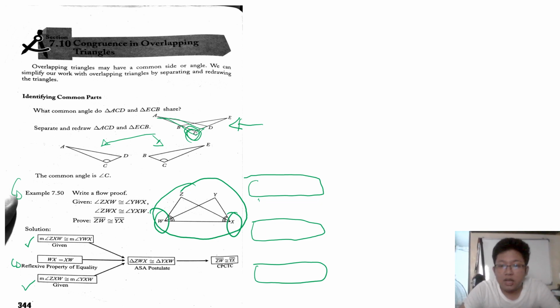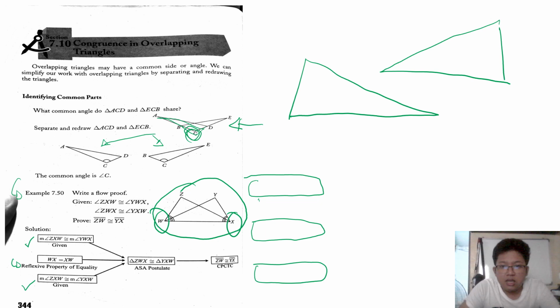Next, because we already have two angles congruent, ito yung itsura niya. Ito yung isang triangle, then ito naman yung isa pang triangle.